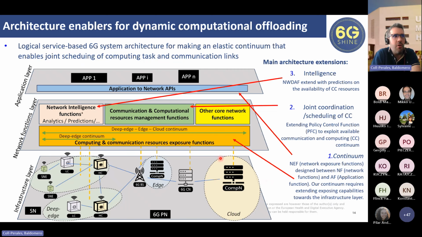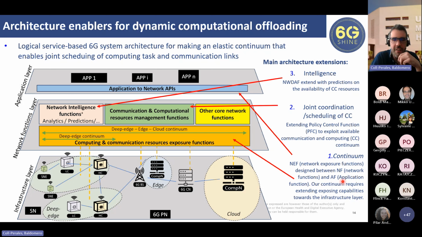And finally, we are also designing an elastic orchestration and management approach where computing tasks and communication links can be dynamically and jointly scheduled across the nodes and links that form the 6G end-to-end continuum. To this end, we have identified three main architectural extensions which are required.